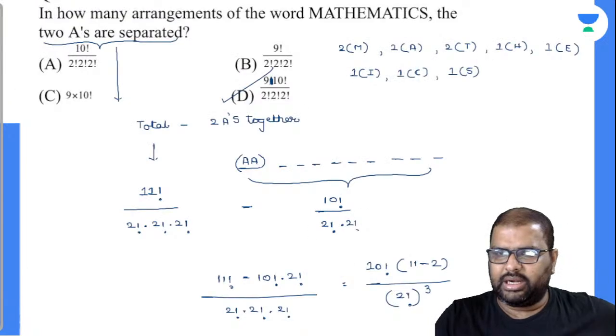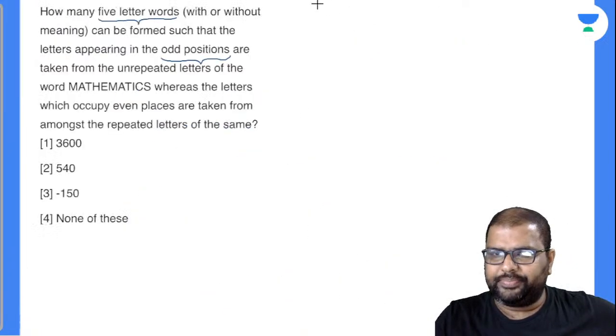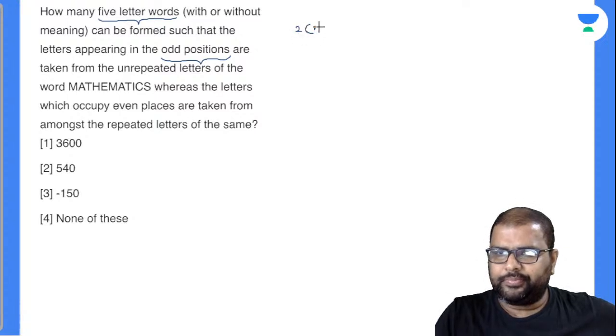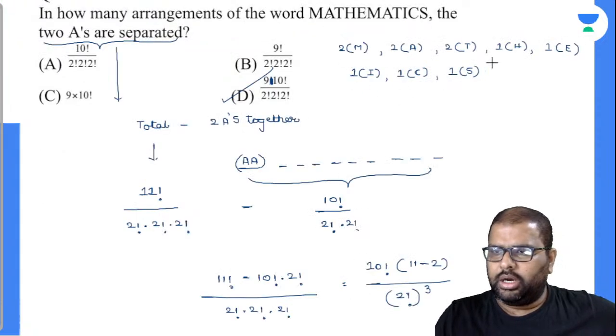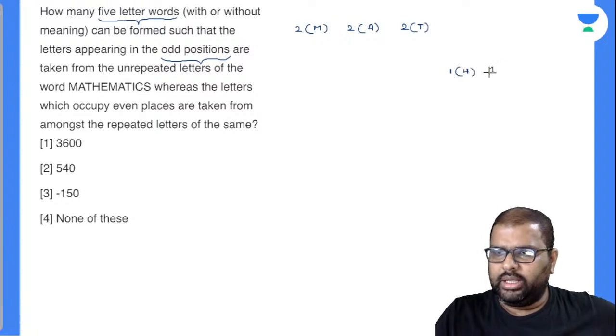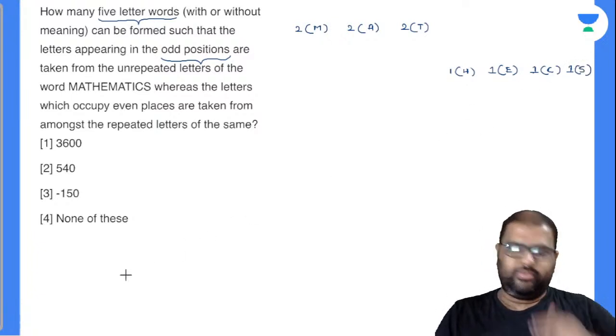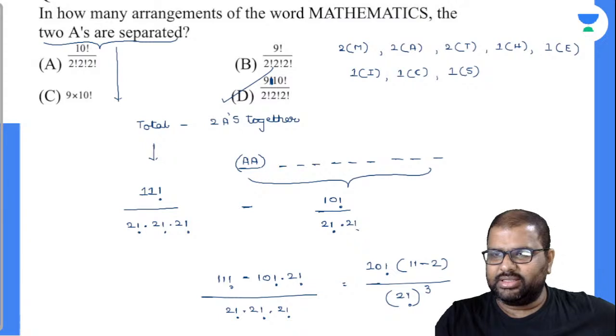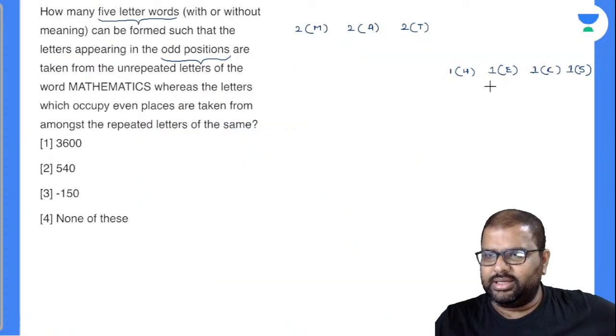First of all, what are the repeated and unrepeated letters? 2M, 2A, 2T. I'll write them down here. H, E, C, I, S: 1H, 1E, 1C, 1I, 1S.